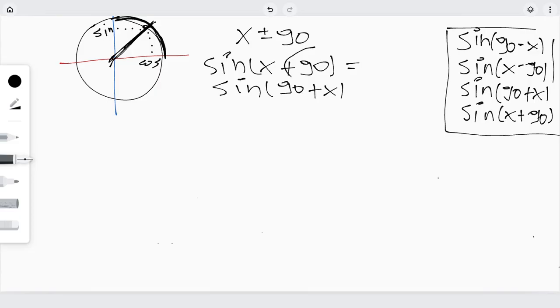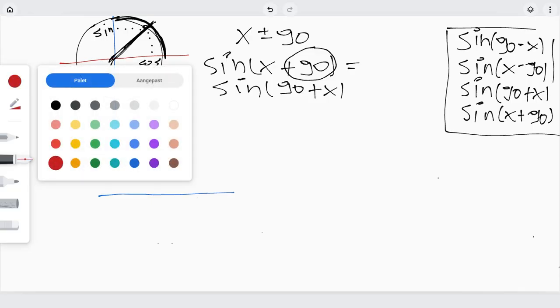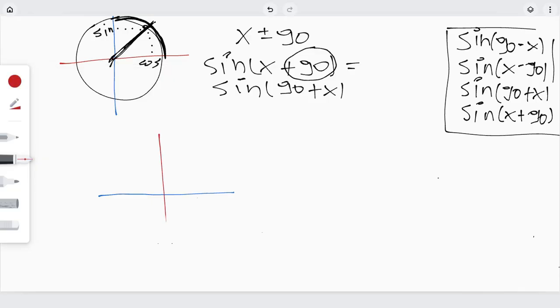And this plus 90 here means a 90-degree rotation counterclockwise, because of the plus sign. Plus sign is counterclockwise. Now what is going to rotate? What is going to rotate is the axis. So the y-axis is going to rotate 90 degrees, and the x-axis is going to rotate 90 degrees.